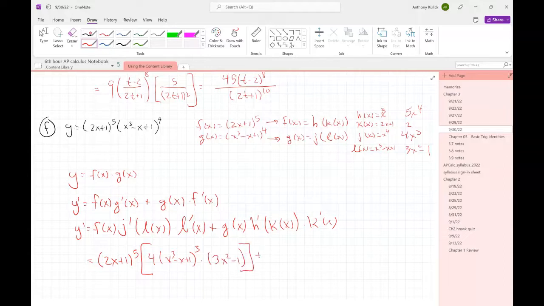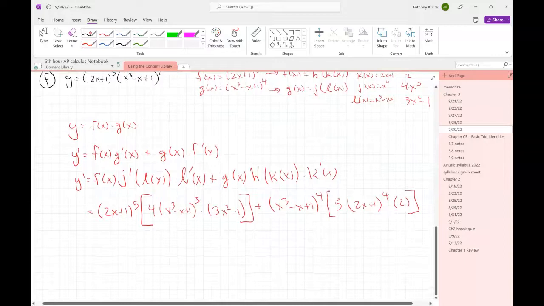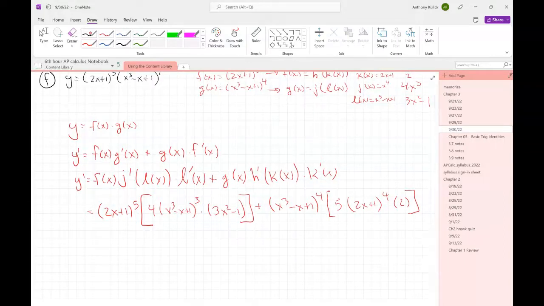Then I have my g of x. Then I have h prime, which is 5 somethings to the 4th. Inside of that was my k of x, 2x plus 1, and then times k prime of x. And then that ought to do her.